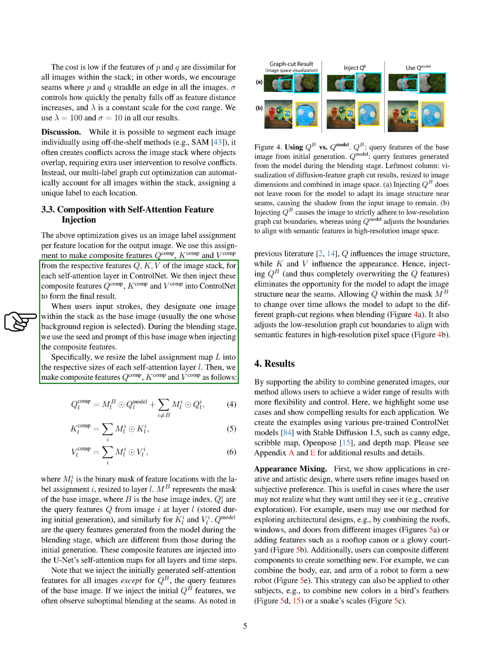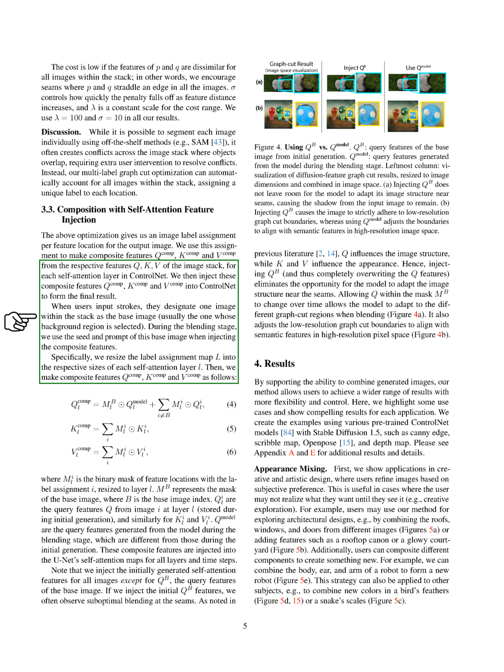We then inject these composite features into ControlNet to form the final result. When users input strokes, they designate one image within the stack as the base image, usually the one whose background region is selected. During the blending stage, we use the seed and prompt of this base image when injecting the composite features.